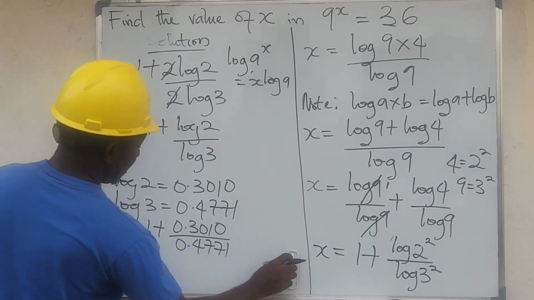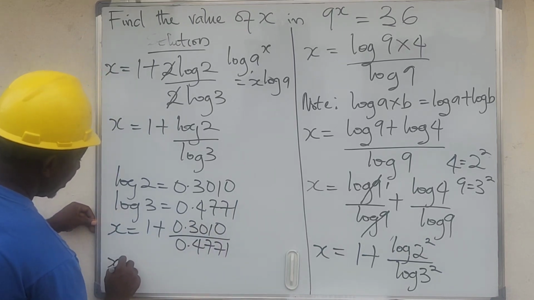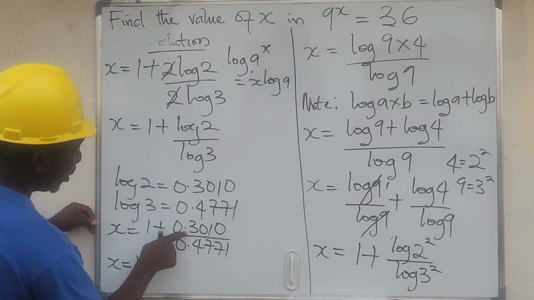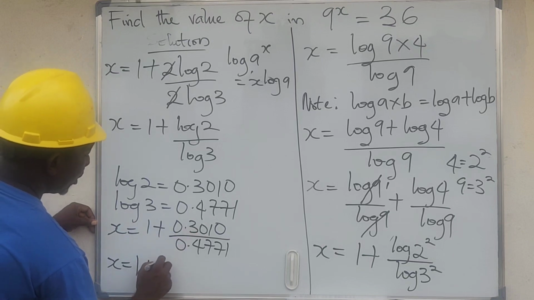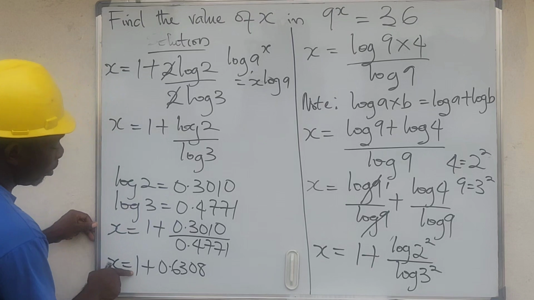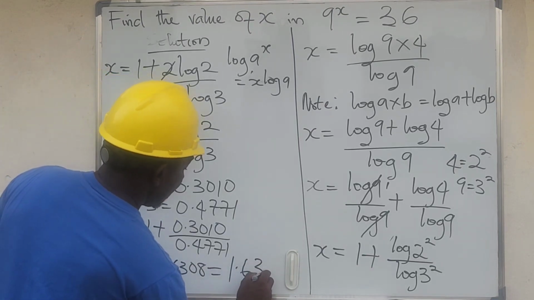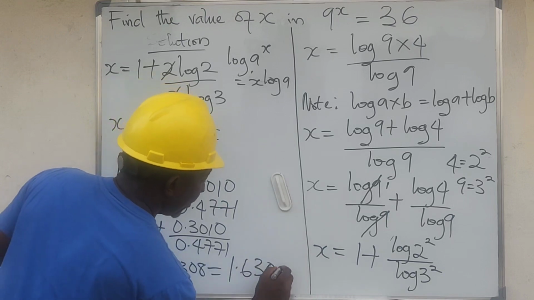When we divide this, we are going to have x equals 1 plus 0.6308. And 1 plus this is the same thing as 1.6308.